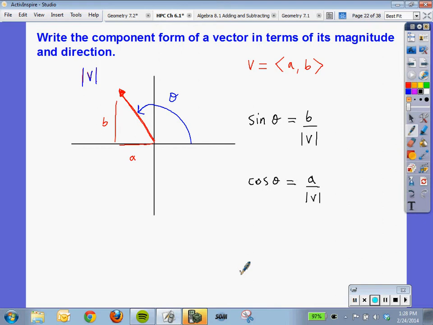So what we can do from here is multiply both sides by the magnitude of v with both of these equations and isolate b and a. So that gives us b is equal to the magnitude of v times the sine of theta, and a is equal to the magnitude of v times the cosine of theta.